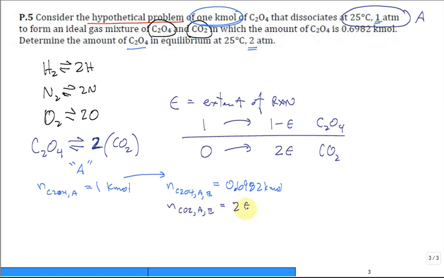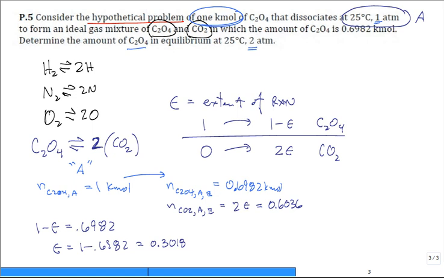Well, I have to figure out what epsilon is for this problem, for case A. 1 minus epsilon is 0.6982, hence epsilon is 1 minus 0.6982, and then 2 times that is equal to, what is it? So hold on. Epsilon then is 0.3018, and 2 times that is 0.6036.